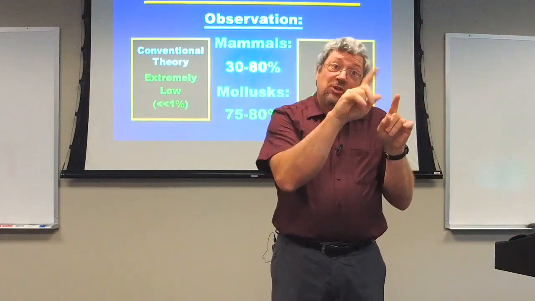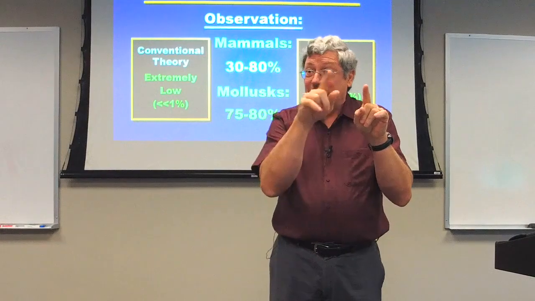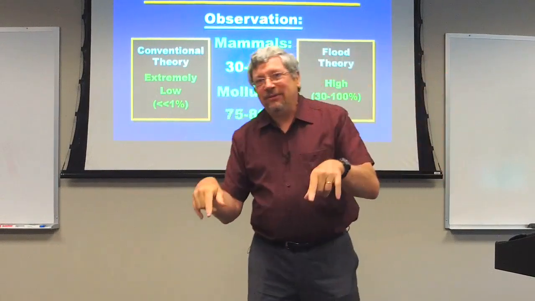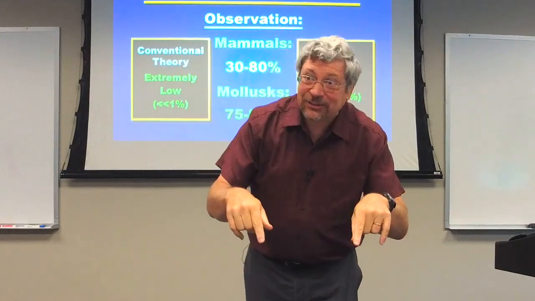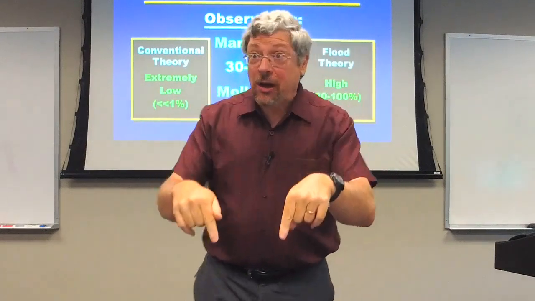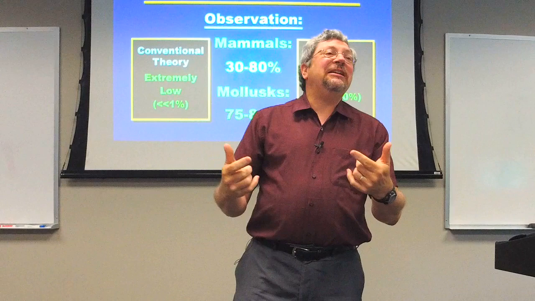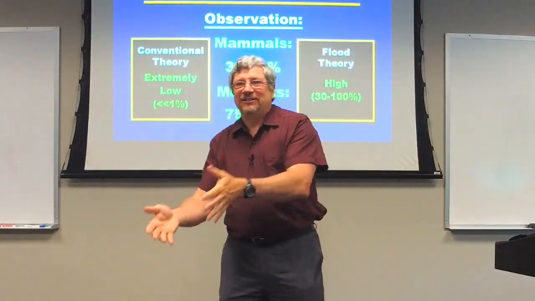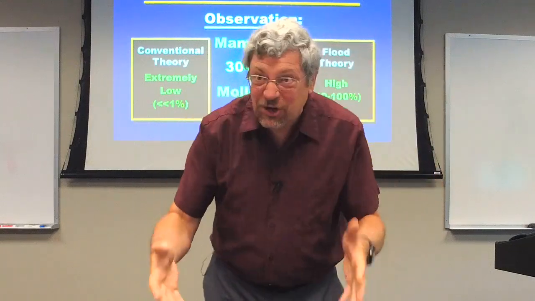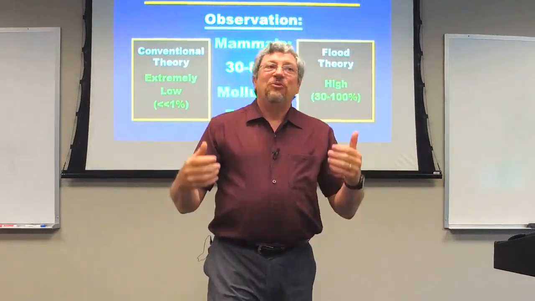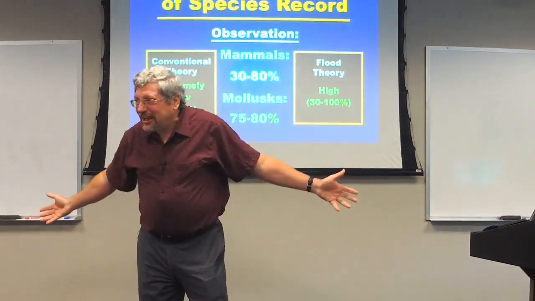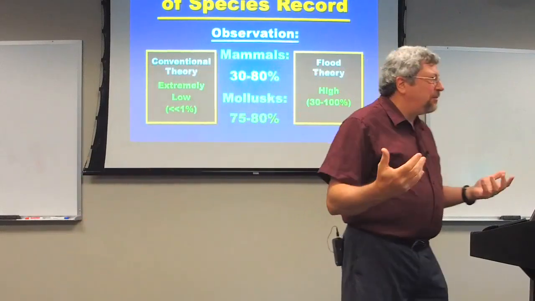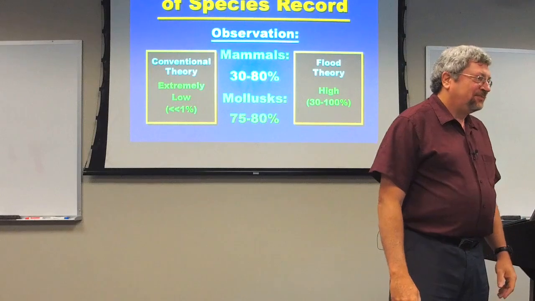He simply did, here's how many mammal species are in Europe, and how many of the European mammal species have a fossil record in Europe? 70%. 70% of the living mammal species in Europe have a fossil record in Europe. When you ask the question, if they have a fossil record anywhere on the planet, it raises to above 80%.